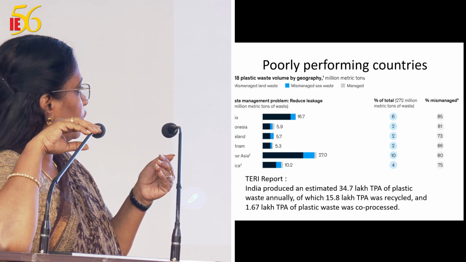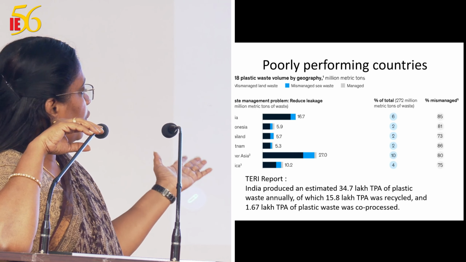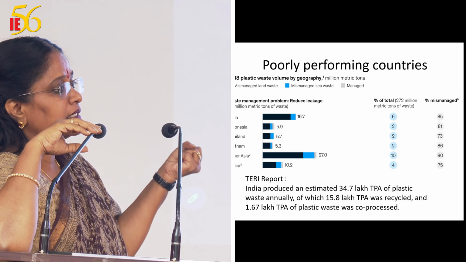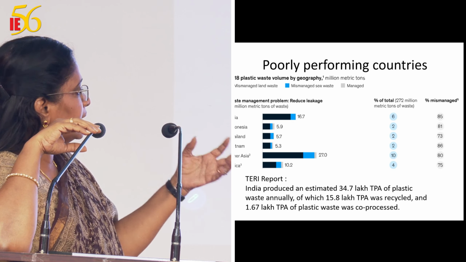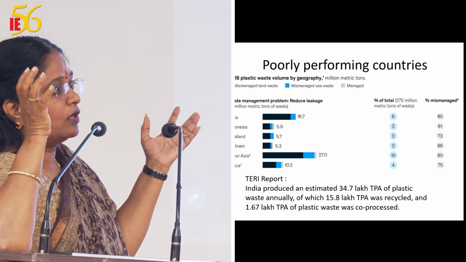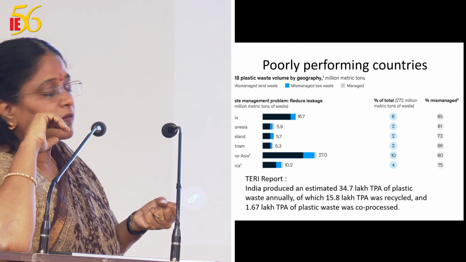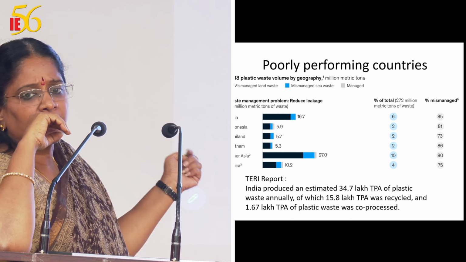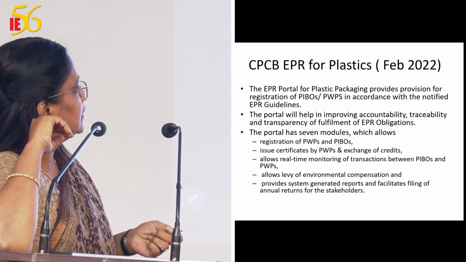This is TERI's report. And approximately half of it, 1.6, goes for co-processing in cement kilns. India is doing better in this aspect, but still half of it is not accounted for. Again, mismanaged. Which is the recent report, Professor? What's the date of that report? Yeah, I think it is a recent report. I can get the number here.